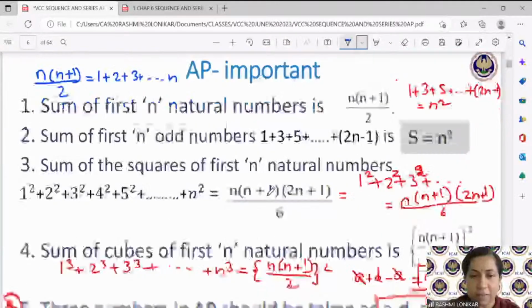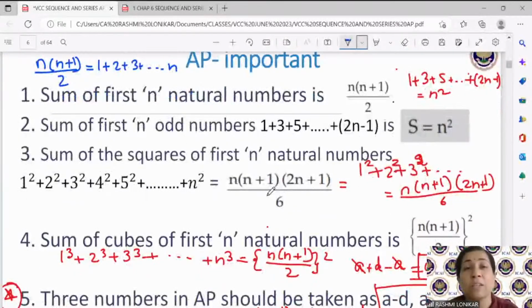And then these are very important formulae. You may get this directly also. What is the sum of the first natural numbers? Okay, so they may even ask you the formula, or they may ask you sums on this formula. So what is the sum of the first n natural numbers? N into n plus 1 upon 2. What is the sum of the first n odd numbers, which is equal to n square? What is the sum of the squares of the first n natural numbers?